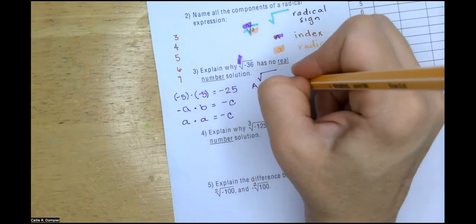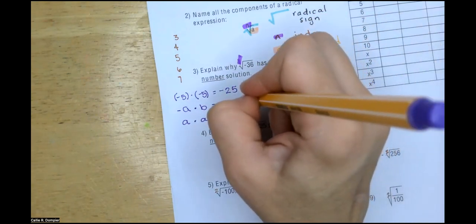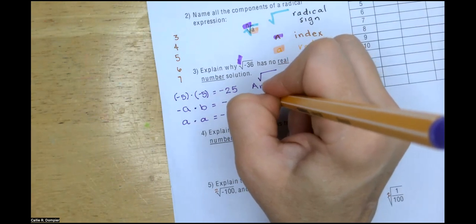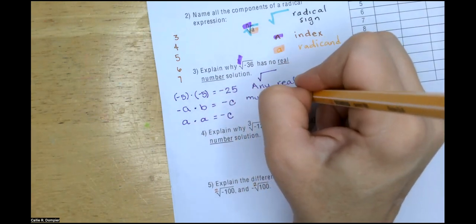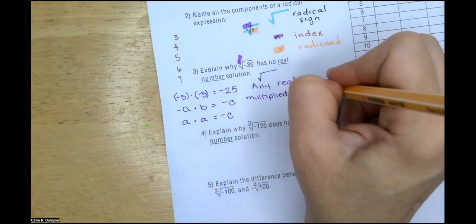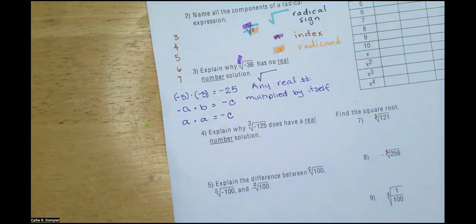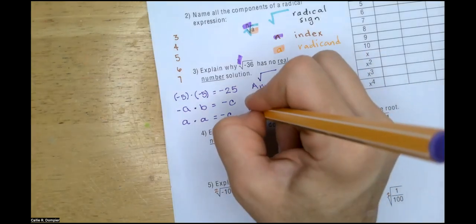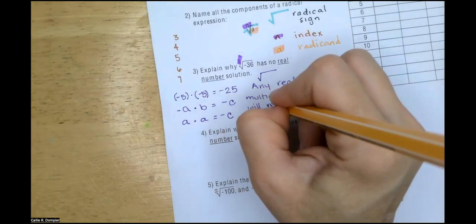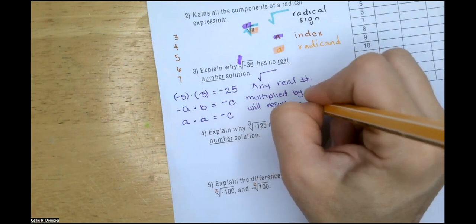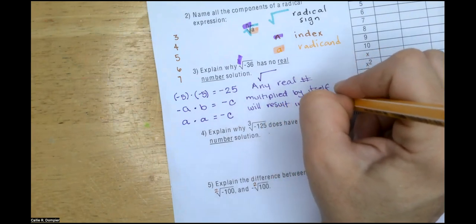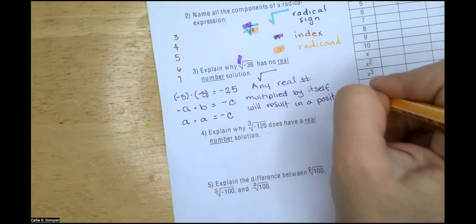And by real number here, I just mean the numbers that we've seen in this class before, okay? Any real number multiplied by itself will result in a positive number.